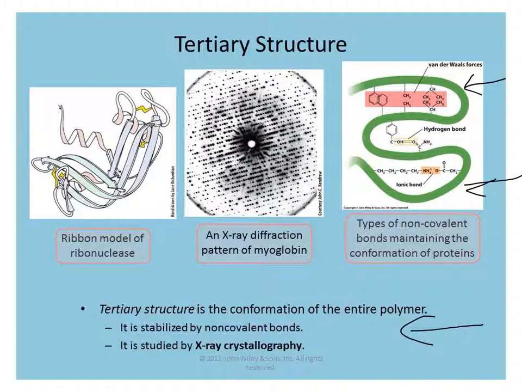You can see these different types of non-covalent interactions: hydrogen bonds, ionic bonds, van der Waals forces, etc. This figure shows you the tertiary shape, the final three-dimensional shape of ribonuclease, and its specific diffraction pattern by X-ray crystallography, a method often used to determine the structure of proteins, was used to ultimately generate that predicted structure. You can see in this structure there's a helical structure in a few places, there are some sheets, so ultimately they contain different secondary motifs in the final predicted three-dimensional shape of this protein.